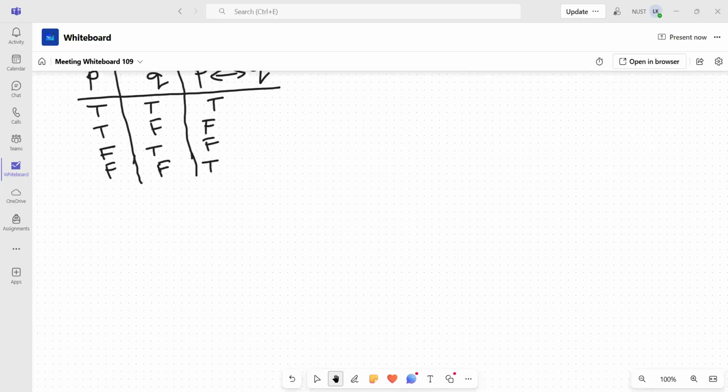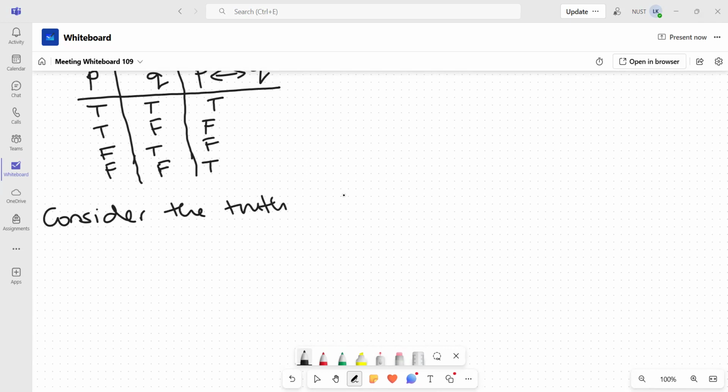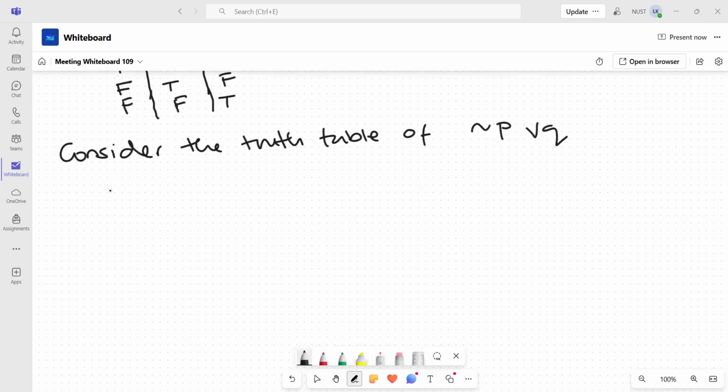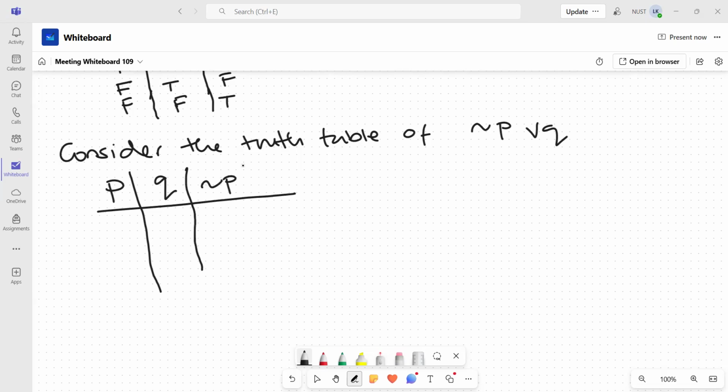Let's consider the following truth table. So consider the truth table on not P or Q. Okay, so if we were to draw this, we have P here, we have Q there, then we have not P. So here we have true, true, false, false.